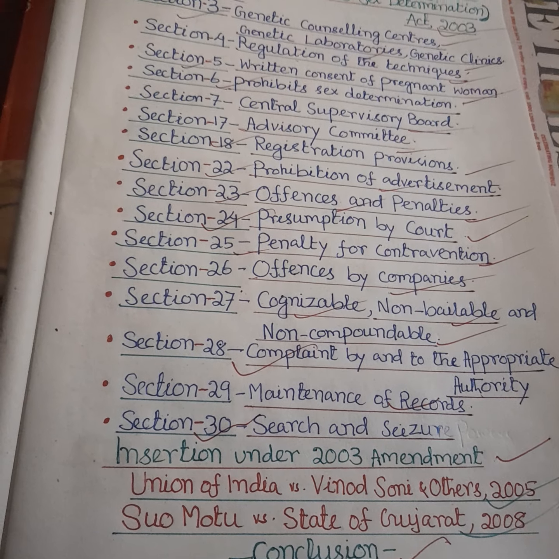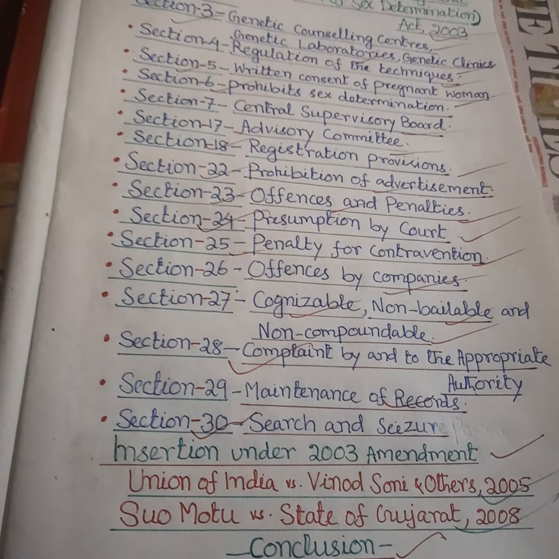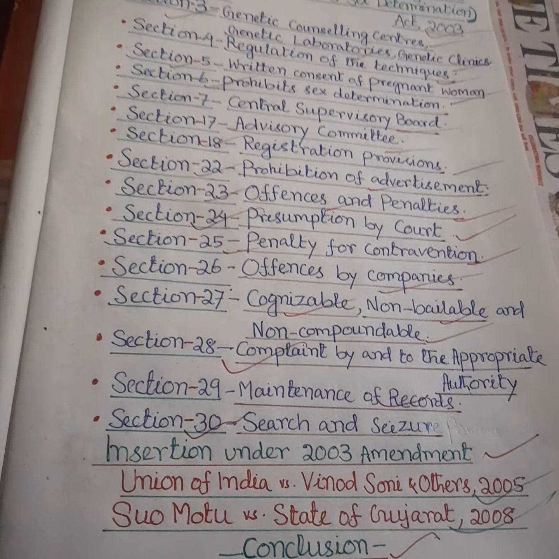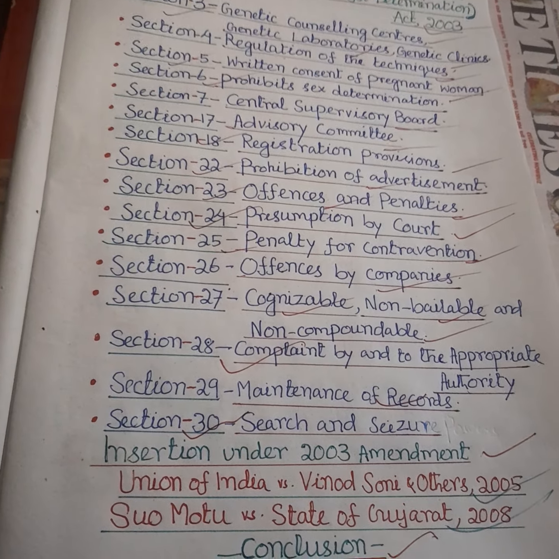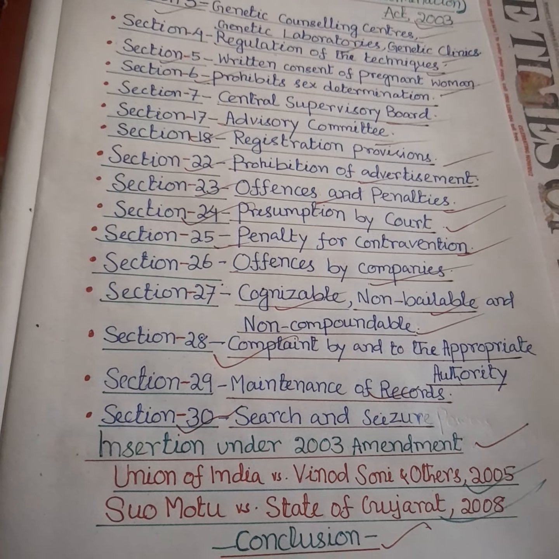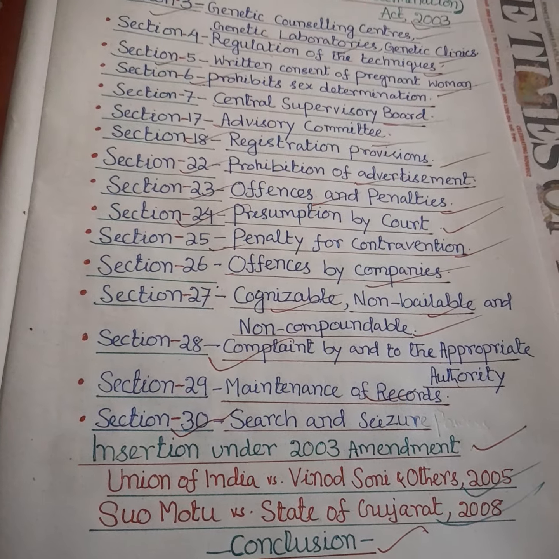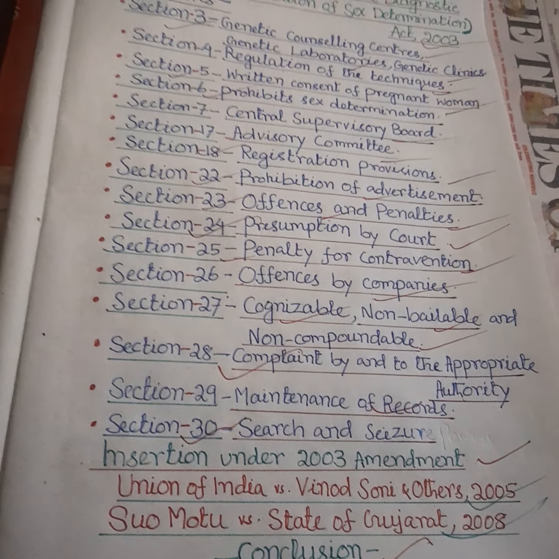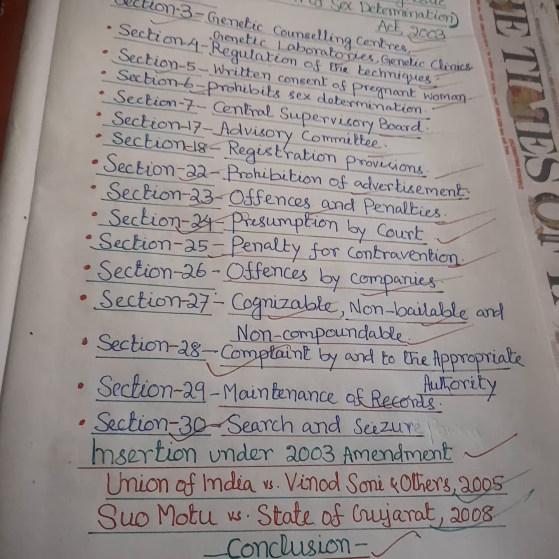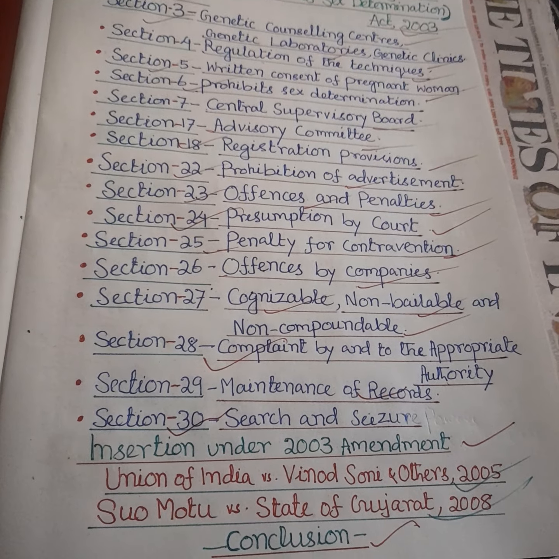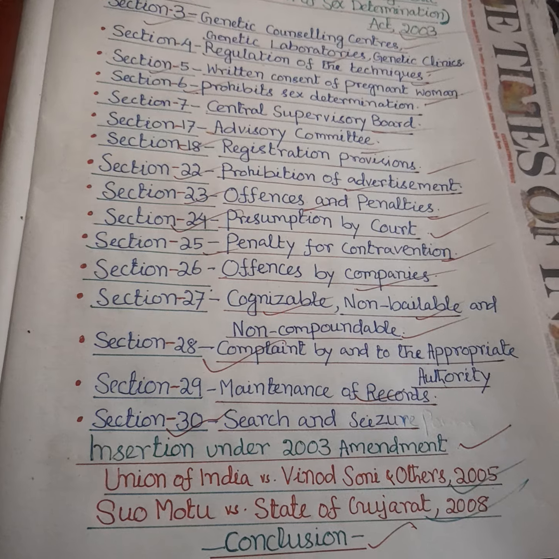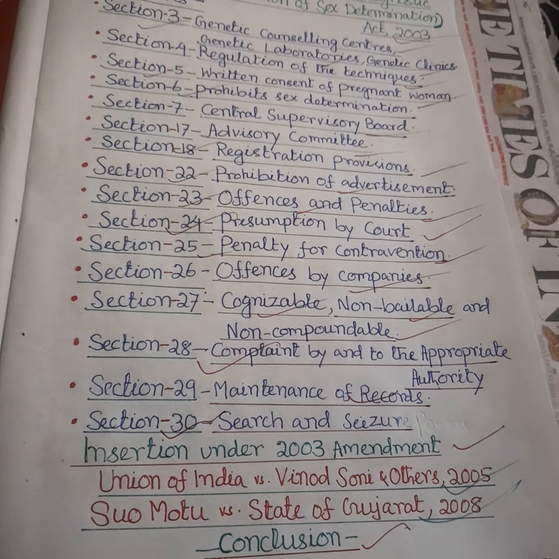And also we have discussed the provisions relating to the prior written consent of such pregnant women. And finally, under Section 6, how it prohibits sex determination, and the establishment of the Central Supervisory Board and State Supervisory Board as per the provisions under Section 7 and Section 17 for Advisory Committee.